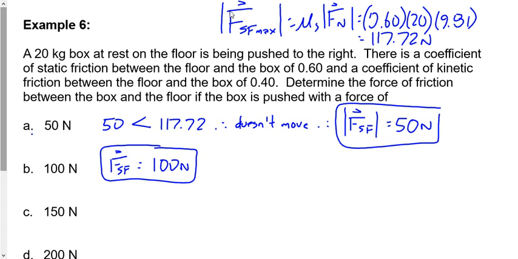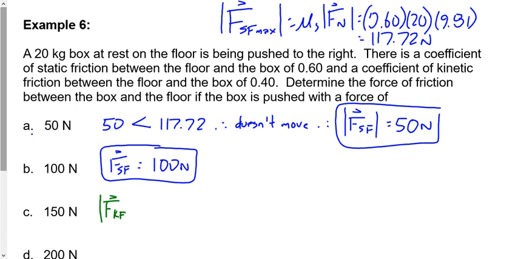I push with 150, does it move now? Jen, does it move now? Yeah, it does, because I've exceeded that, right? I've beat it. I've won. I've beat static friction. It moves. Well, what's the force of friction, 150? No, let's calculate the force of kinetic friction here.